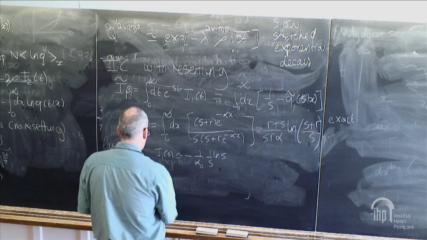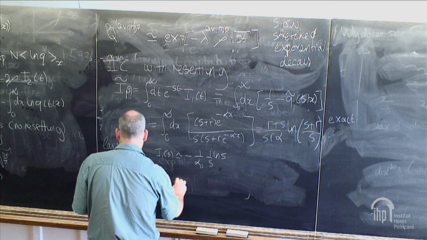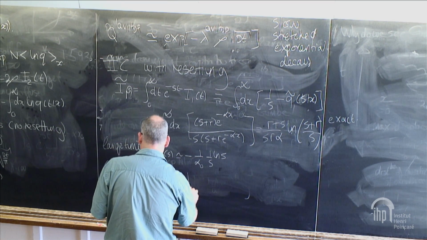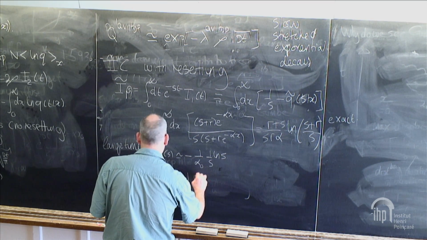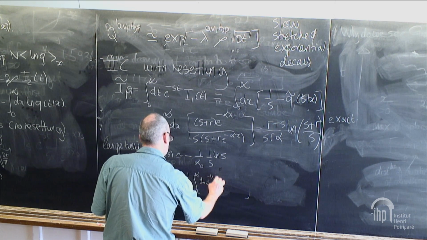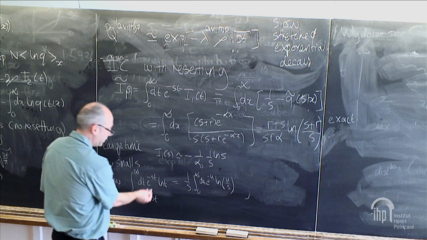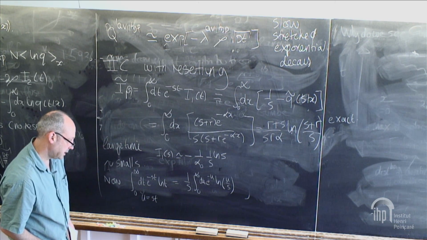And what happens when we change variables to u, you end up with 1 over s. Okay, that's simply just changing variables.